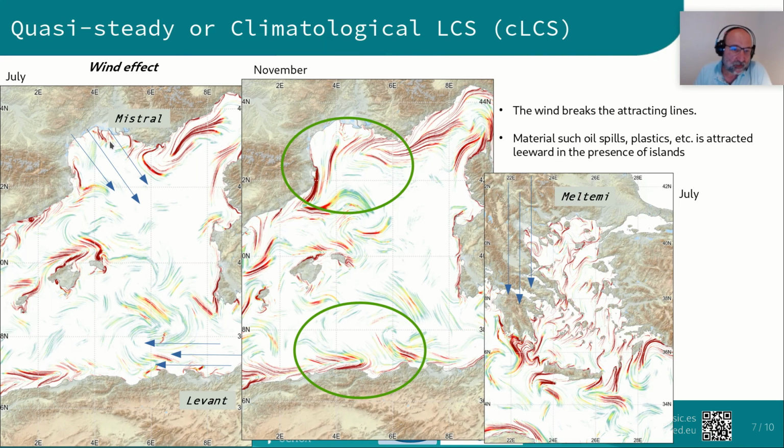But in July, when we have the Mistral wind and the Levant wind here, we see how the wind breaks the attractive lines. Also, in the Aegean Sea, the Meltemi wind in July introduces attracting lines in the leeward part of the islands. Then all materials such as oil spills, plastics, etc., will be attracted leeward in the presence of islands.